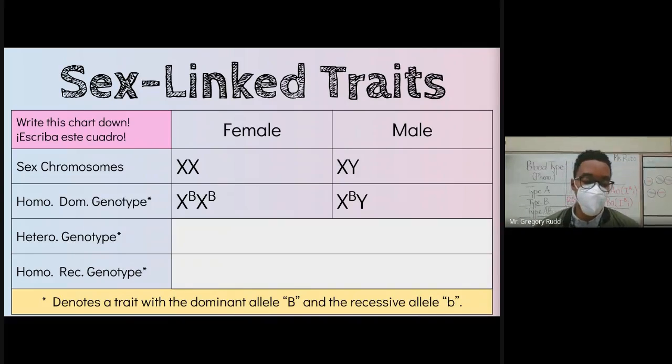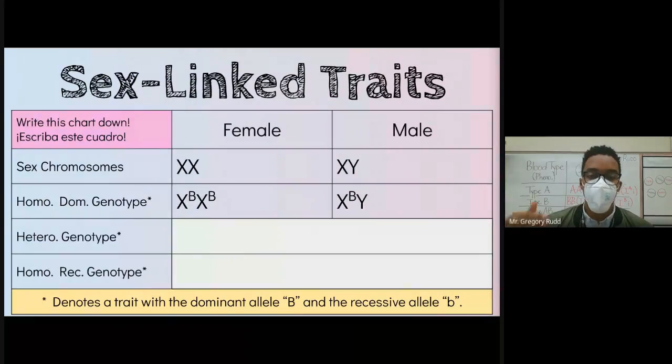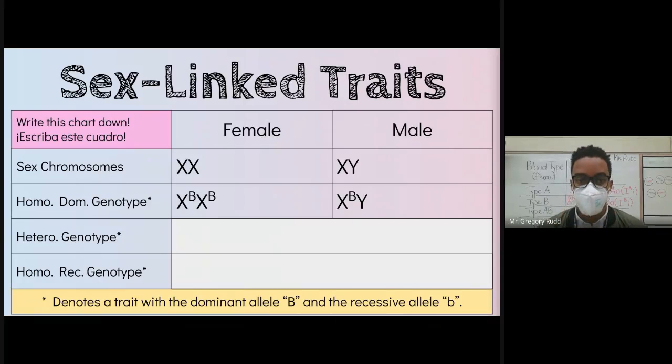But because these are sex-linked traits, we have to place the allele on the X, as a superscript, kind of like an exponent on the X. Again, we only find sex-linked traits on the X chromosome. So for males who only have one X chromosome, they only get one B. It's just X capital B, Y.